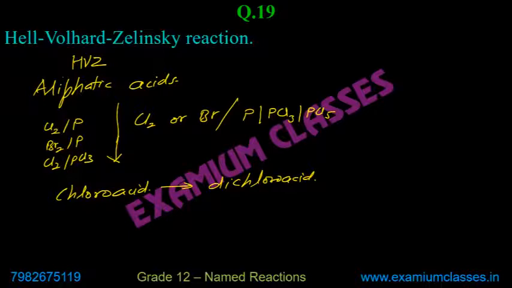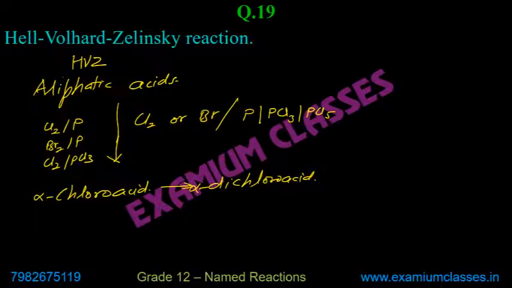And as I said, it will be alpha chloro. Why I am saying alpha chloro, I'll tell you when I explain the reaction. Chlorine will get attached to that carbon which is the alpha carbon, means which is attached to the COOH group. And that is important. That is asked as a question also.